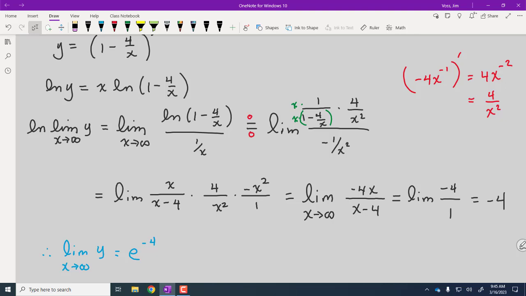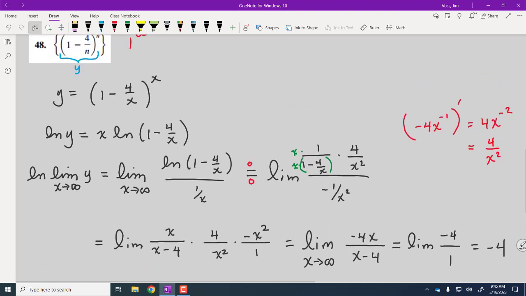Why do we want to make it infinity over infinity? Infinity over infinity or 0 over 0, because we want to use L'Hopital's rule. When you have an indeterminate form of this type, what you do is either push the infinity to the denominator or push the 0 to the denominator, and you can create one of those two forms.